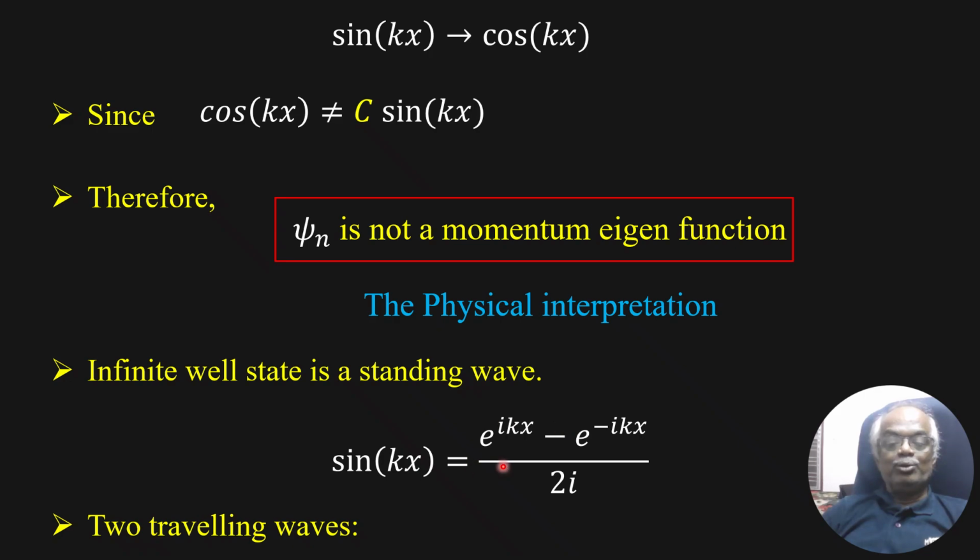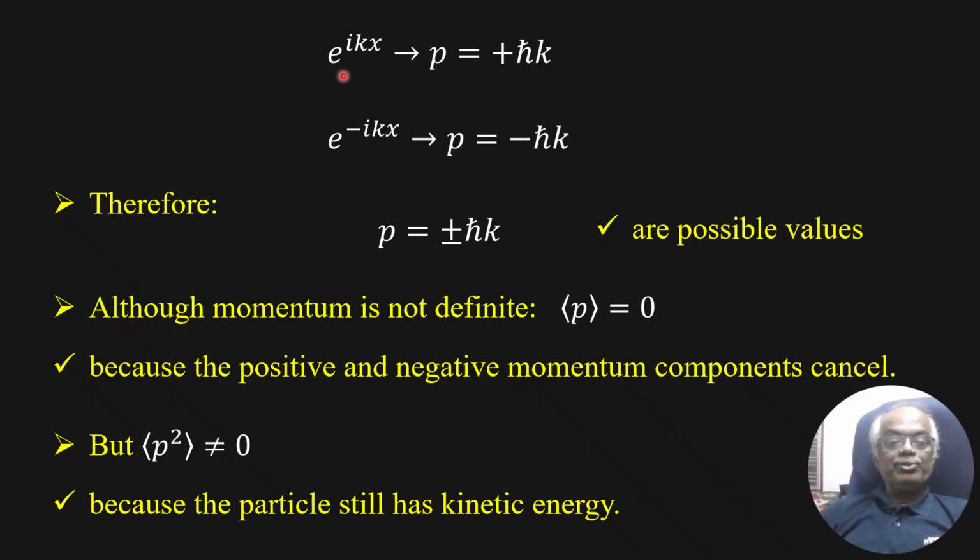Now we will go deeper into the physics part of it. First, take the traveling wave e to the power ikx. This traveling wave travels along the positive x direction. The explanation I have given in so many lectures. When the momentum operator acts on e to the power ikx, you will get the momentum value plus h cross k.